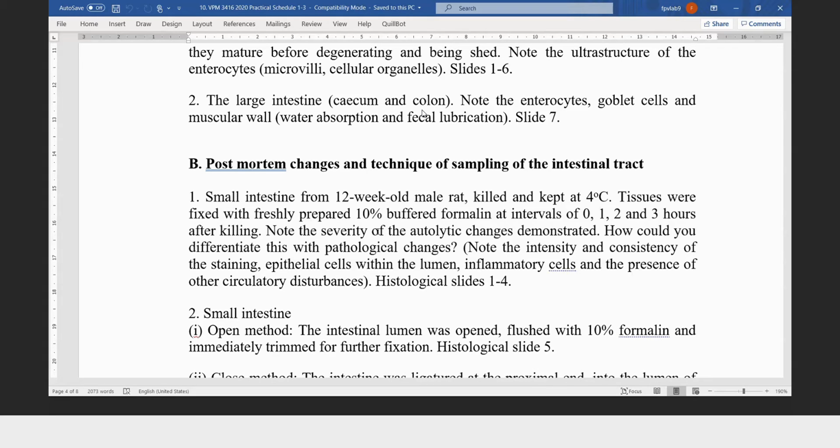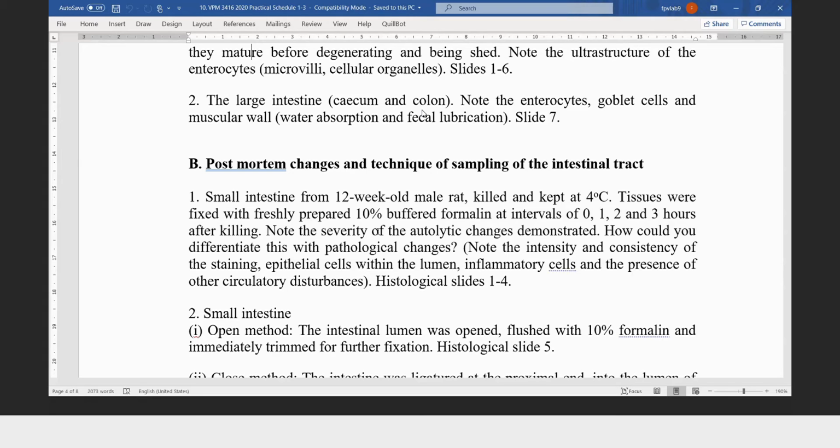So that means we need to do a special technique, or you have to do very quick sampling. You are thinking about seeing the morphology or histology changes in the intestinal wall, the villi or maybe the crypt, particularly the villi.